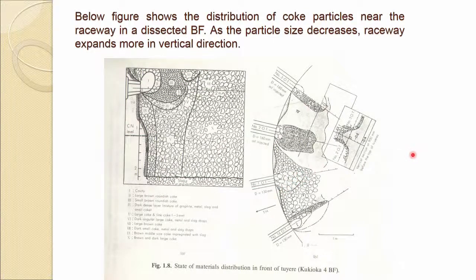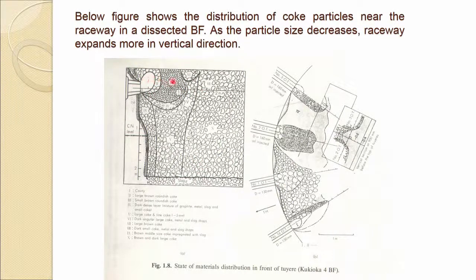So, really if you want a good flow of the gases which are coming out from the raceway, what you need is to increase this. So, deeper penetration, so that gas can come and go up to here and distribute themselves and can react with the charge in the upper region, as you can see in this one.